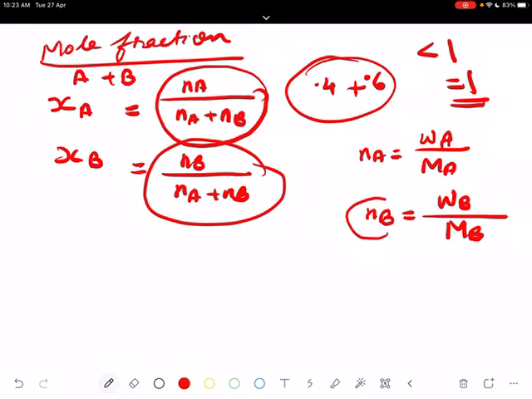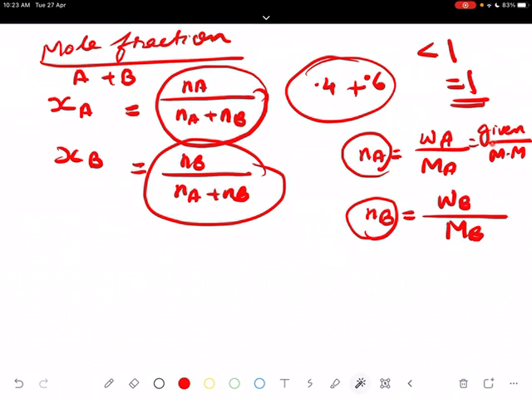So to find the number of moles, it is the given mass upon molar mass, that is Na or Nb. So first you have to find out the number of moles of each component.